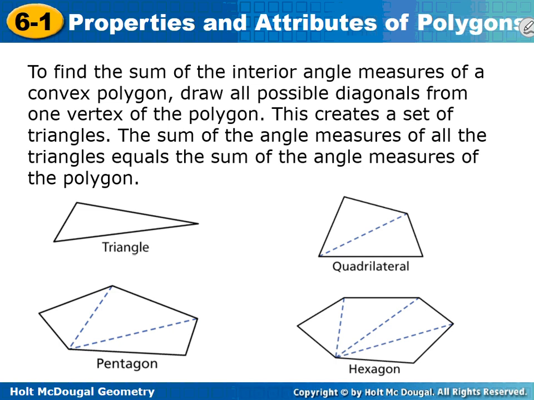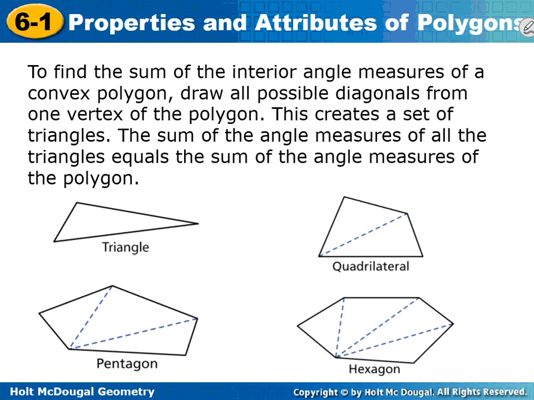What's this angle's measure? 120. So if it's regular, what do you notice about all the exterior angles? They're all the same too, right? They're all equiangular as well. What is the sum of 120 plus 120 plus 120? 360. So the sum of the exterior angles is equal to 360.